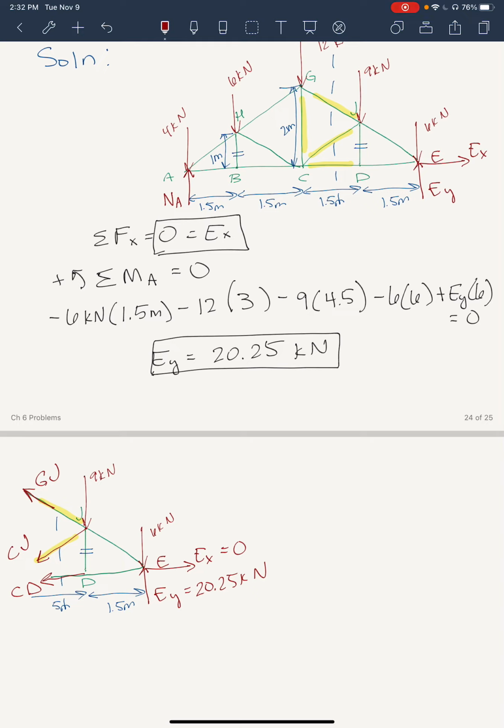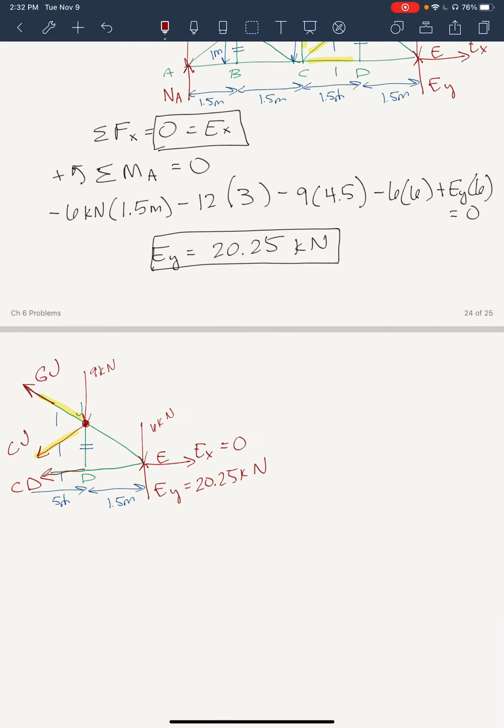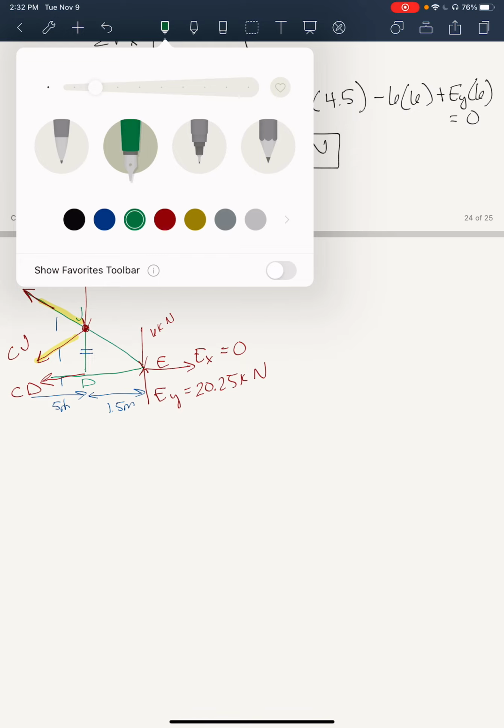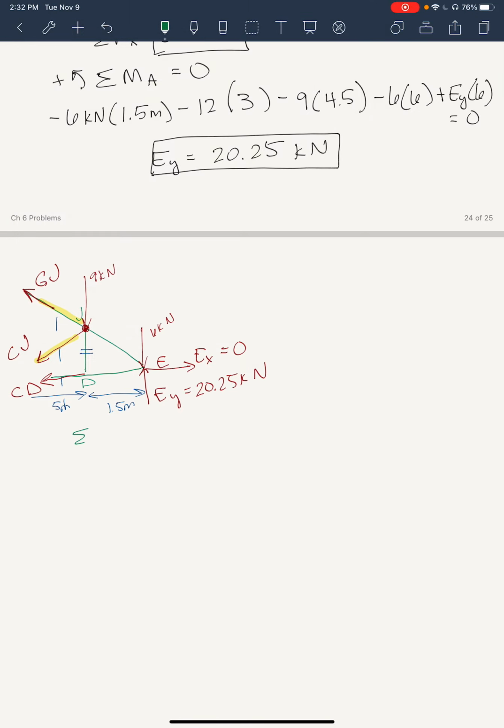I'm going to start by summing the moments about this point J, just because 2 of the unknowns are at J, so we'll be able to solve for CD. So I'm going to sum the moments about J equals 0, with out of the board as positive.